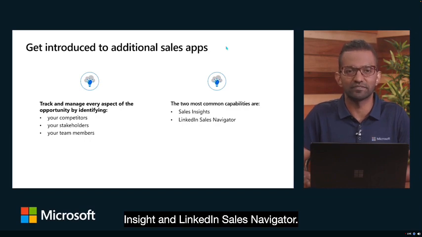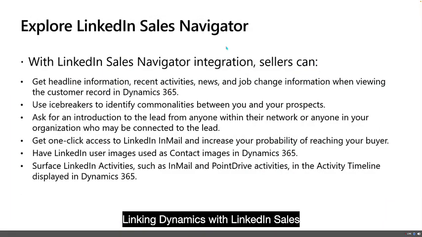If you send a message to a contact at a company, that message will be tracked as an activity in Dynamics. Or on a contact record, the LinkedIn profile pictures can automatically be linked to create a personal connection with your customers. But what I think is really powerful is that by having all of this information in one place, it makes it easier to extract useful insight.